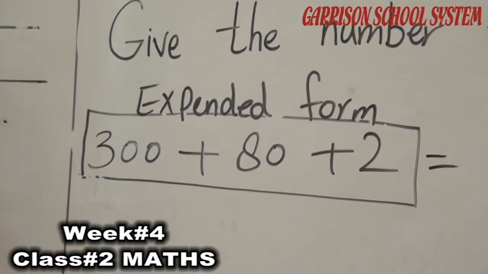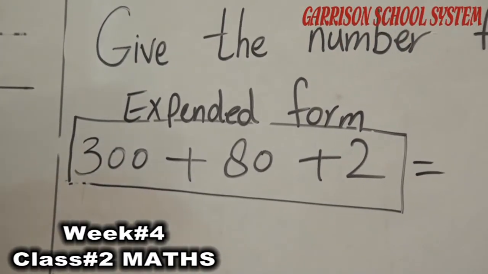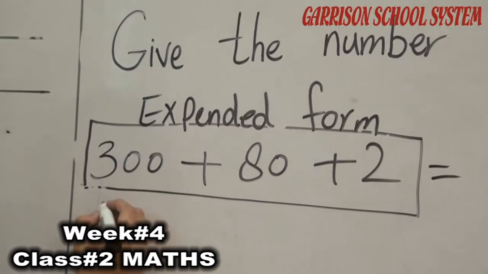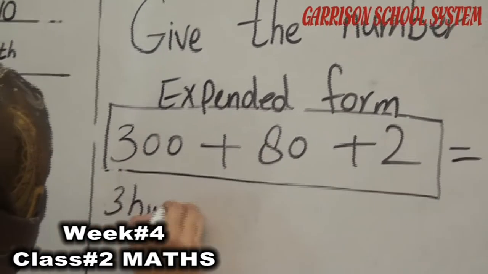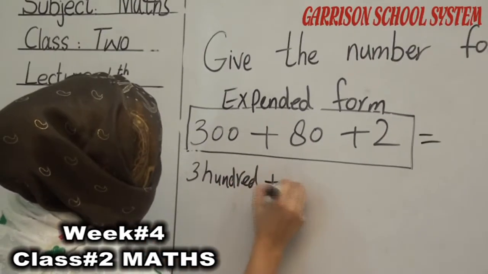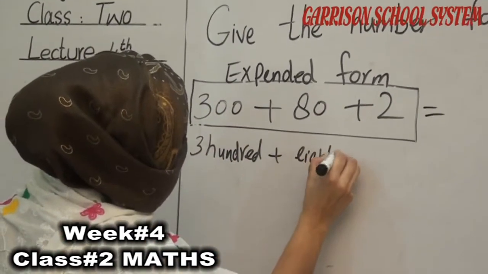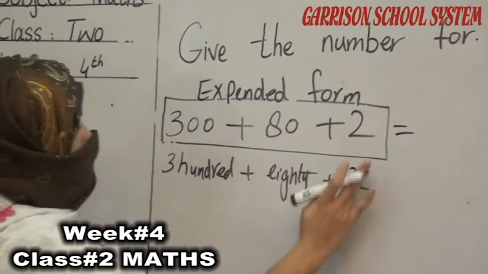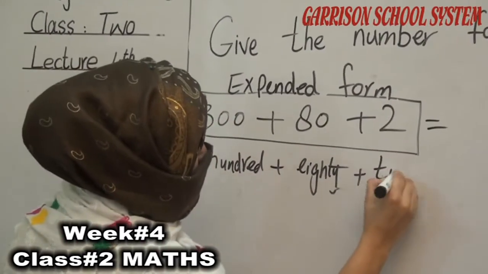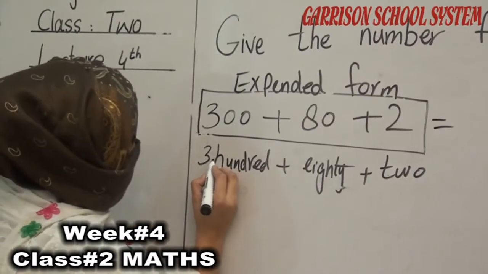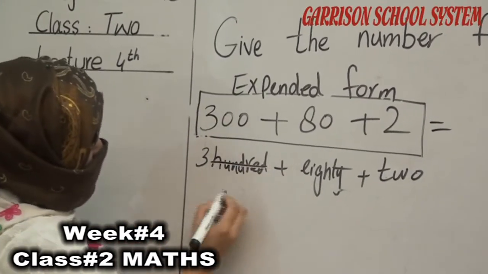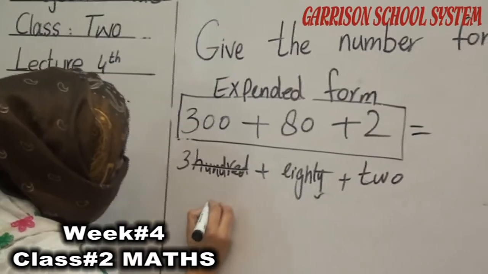Now we have to write these numbers combined. It's 300 plus 80 plus 2. Now we skip the 00 here and just write 3.